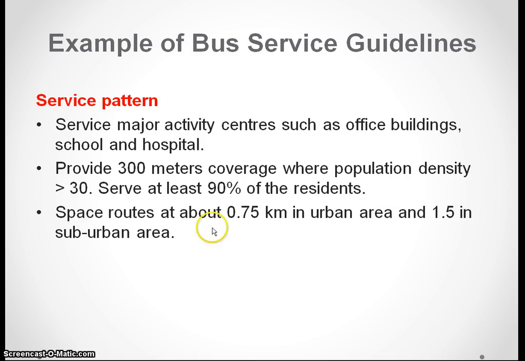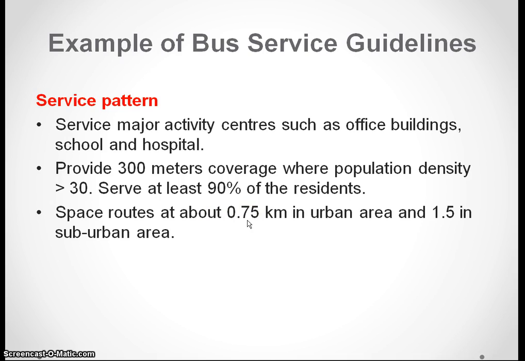For example, service pattern: serve major activity centers such as office buildings, schools and hospitals, provide 300 meters coverage where population density is more than 30% per acre, serve at least 90% of the residents, and space routes at about 0.75 kilometer in urban area and 1.5 kilometer in suburban area.